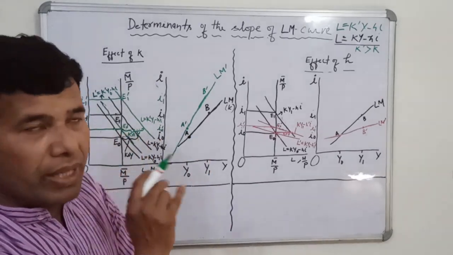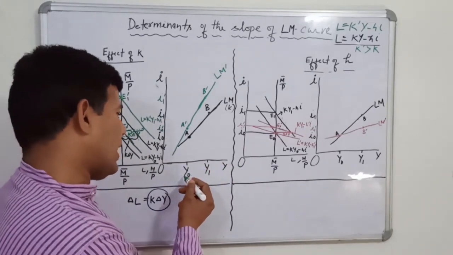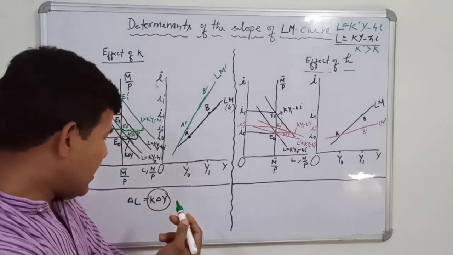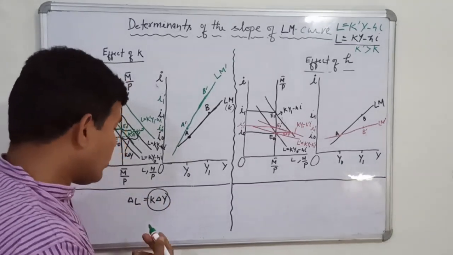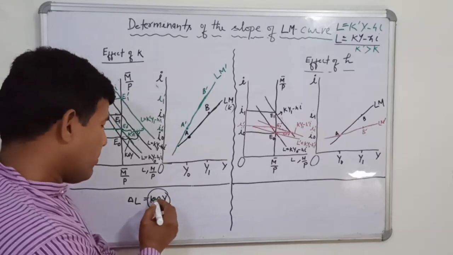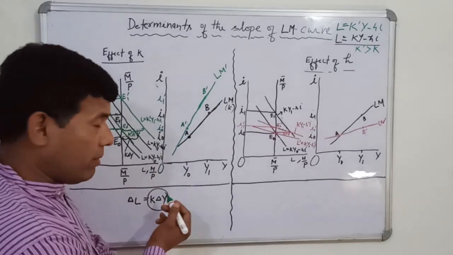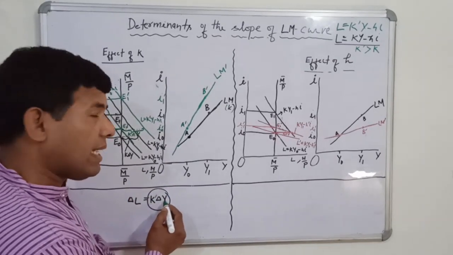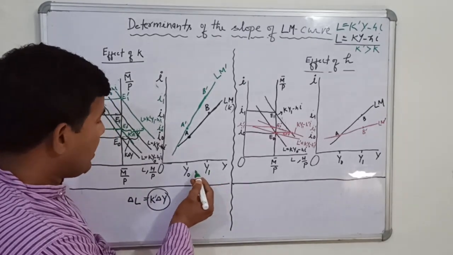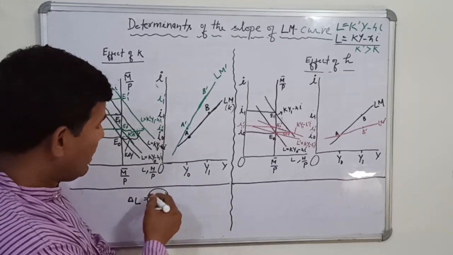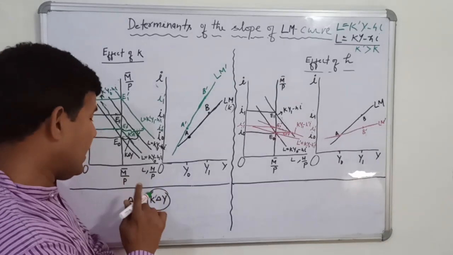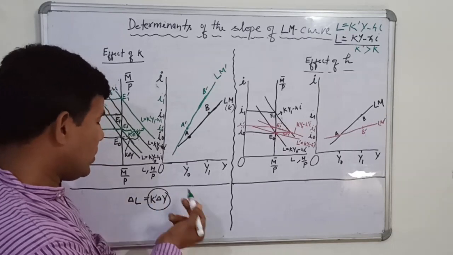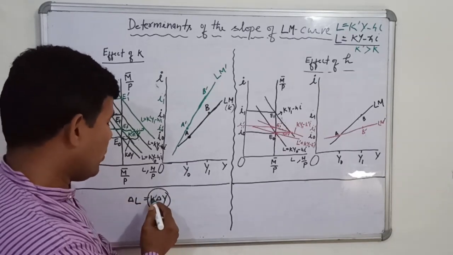Now suppose income rises from Y0 to Y1. What would happen? Money demand would rise, right? But how much would money demand rise? It would rise by the value of the parameter, and now the parameter is K prime, multiplied by the change in income. So income changes by the same amount, but the sensitivity of money demand to income has gone up from K to K prime.